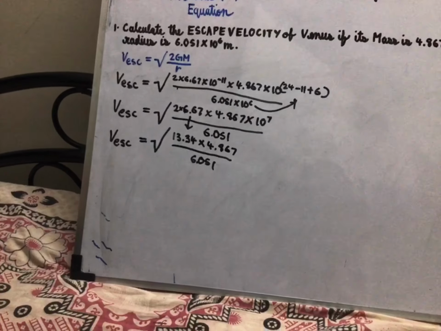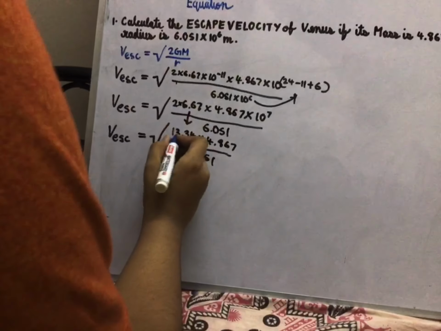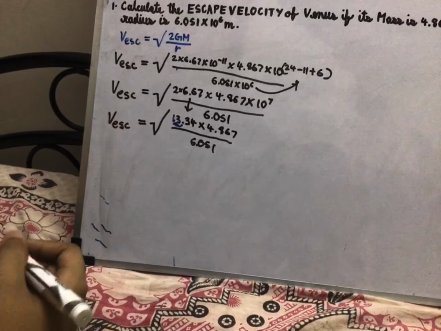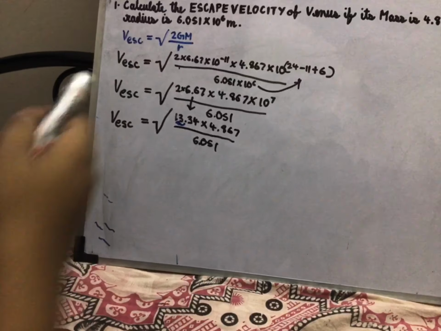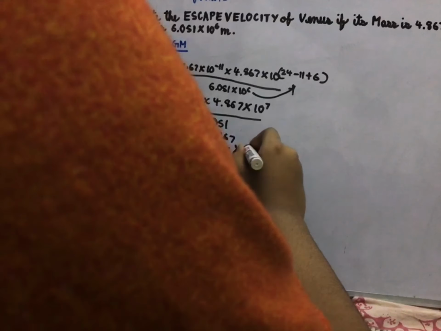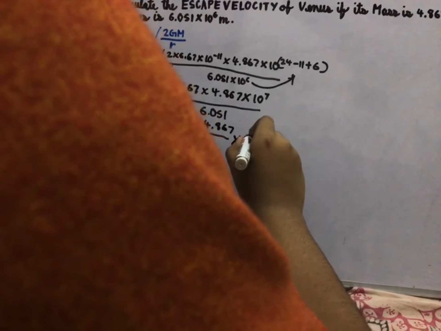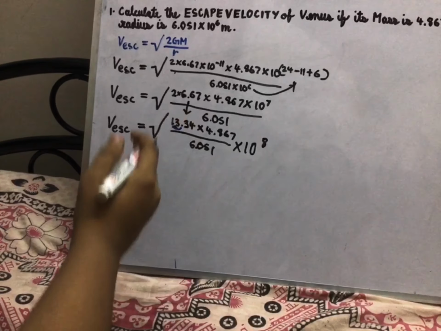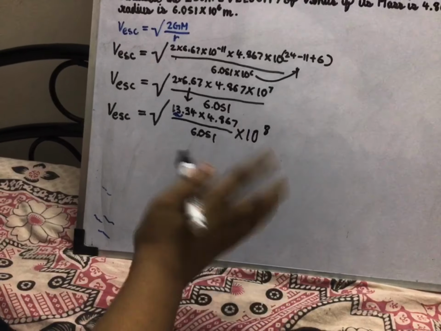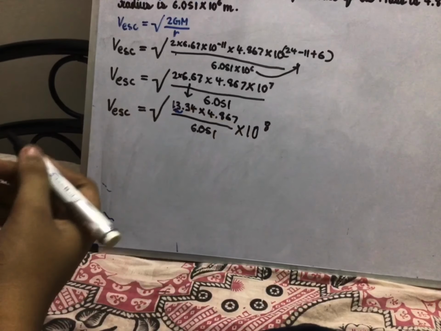Now if we take this decimal place one place to the left, it becomes 1.334 into 10 to the power 8. As we all know, as we decrease the value of one term, the exponential part increases. So this is how we do that.